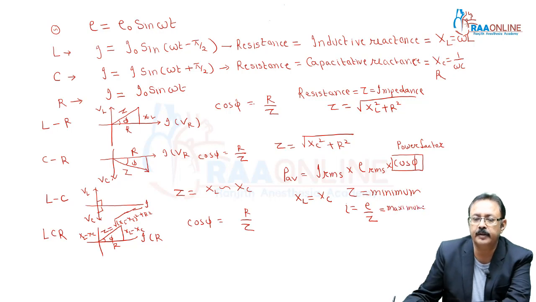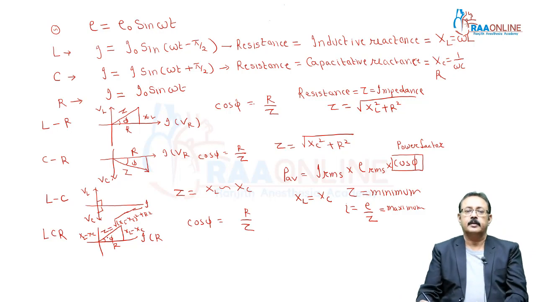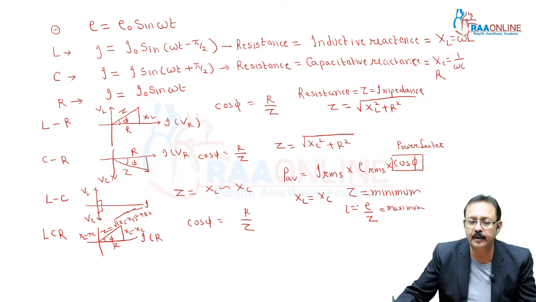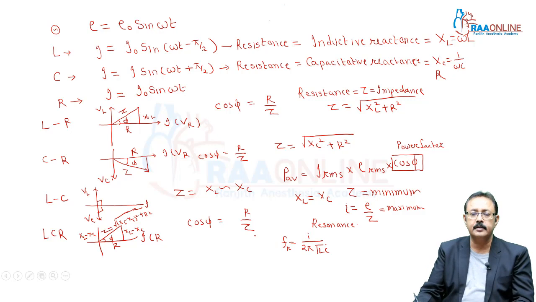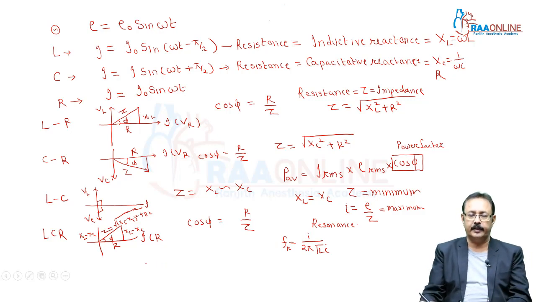Amplitude of current will become maximum. So this condition is known as resonance. At this time, the frequency of current should be 1 upon 2 pi root LC. It is known as resonant frequency.